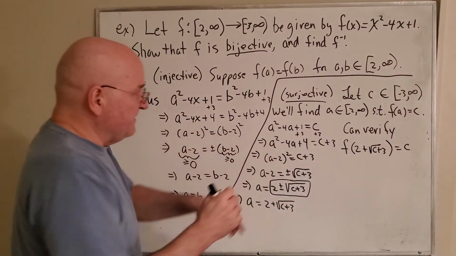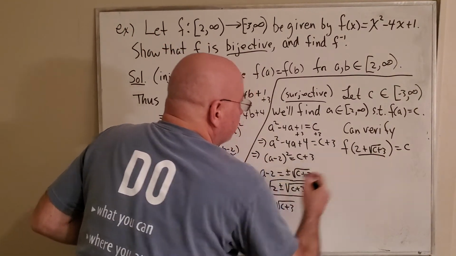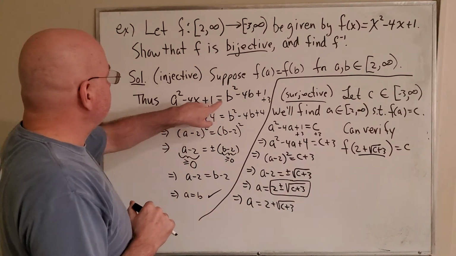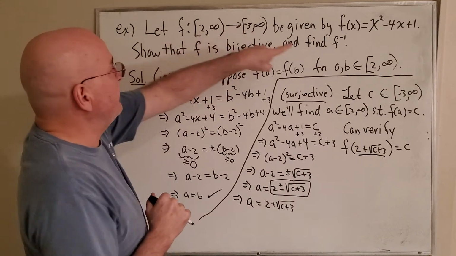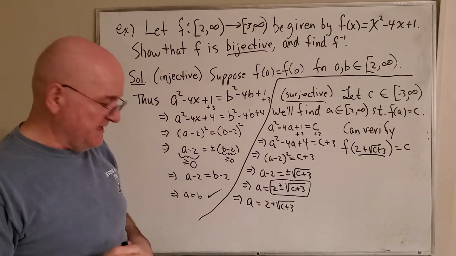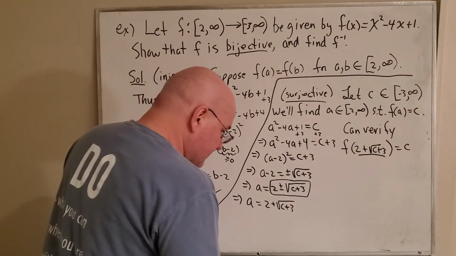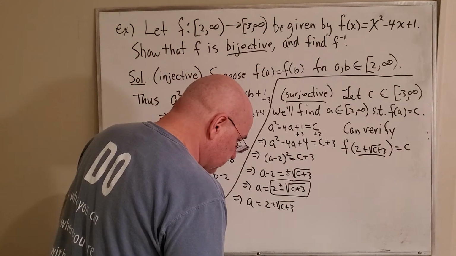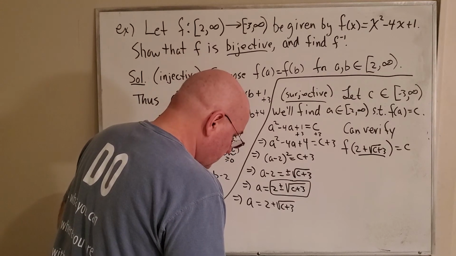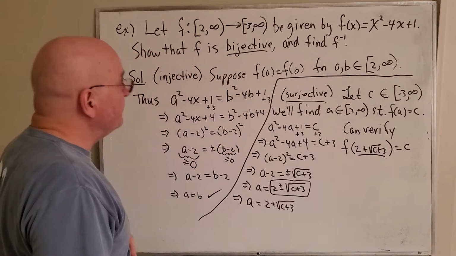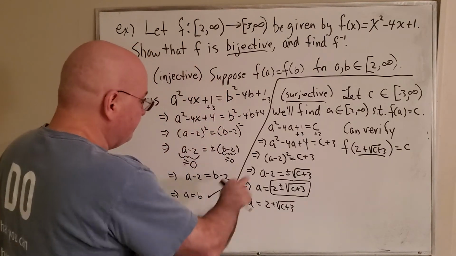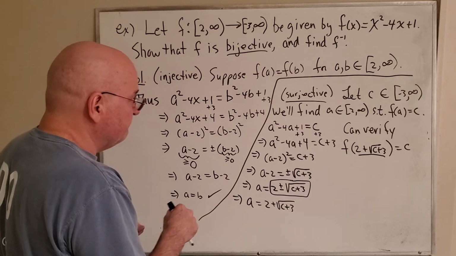So you'd have to take this right here. You would square it. Where's the function? There. Square it, subtract 4 times it, and add 1, and you would get C. And since I've kind of run out of room, finding the inverse, we've actually done all the work to find the inverse.